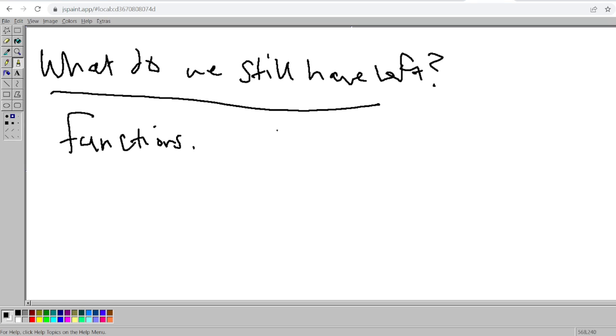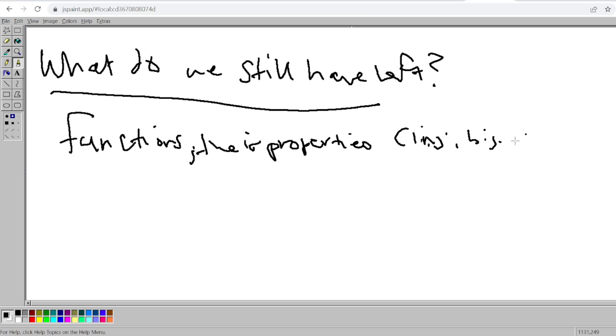And all of their uses, basically, functions and their properties. So like injective, bijective, surjective, their domain, codomain, image, pre-image, stuff like that.